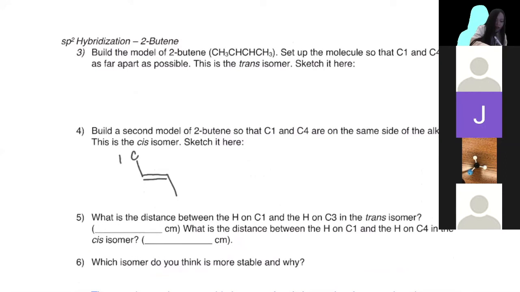CH3, hydrogen. The bulky group doesn't have to be a CH3, but if the group has a higher priority than the hydrogen, we're just talking about these two.